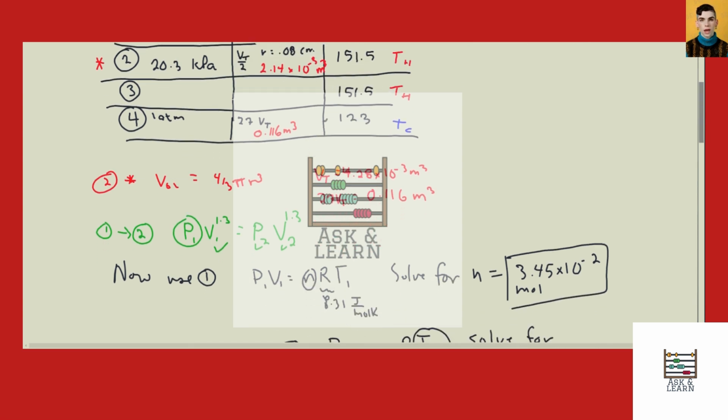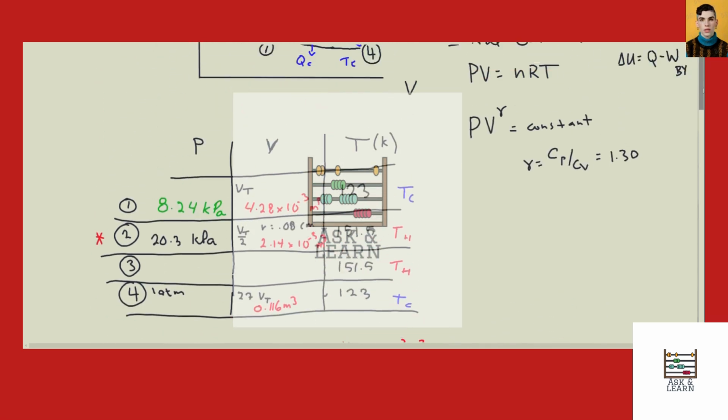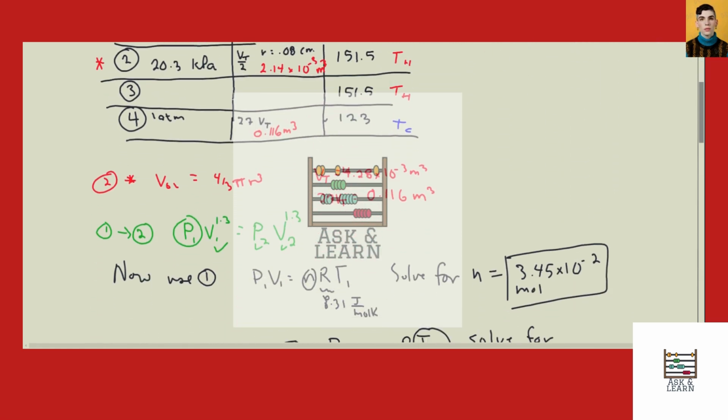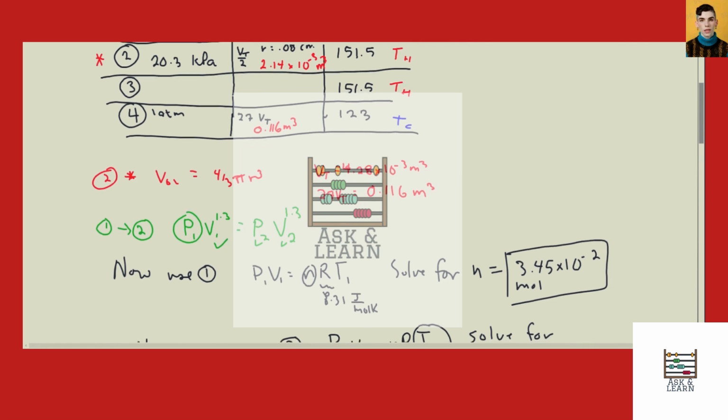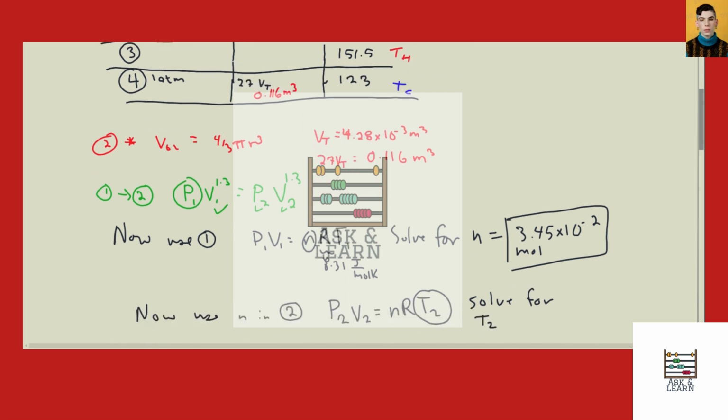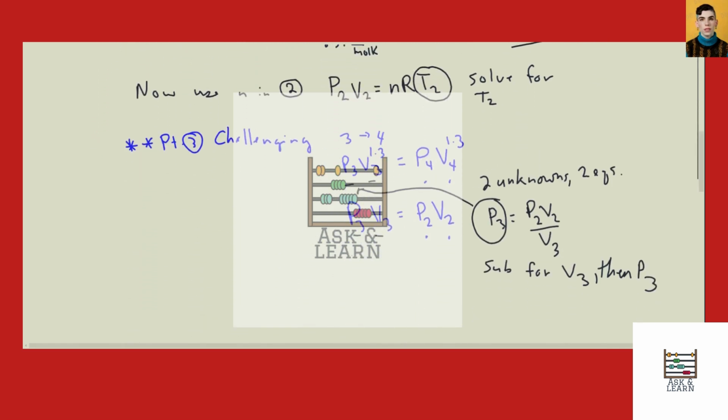There's a lot of information missing at point 3, as well as point 4. But what we see is point 3 is connected to point 4 through an adiabatic. So let's stop with one more step.